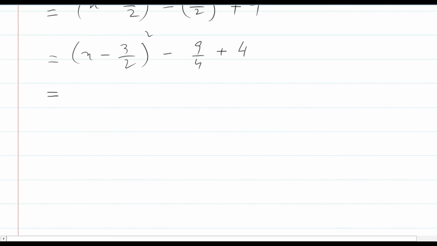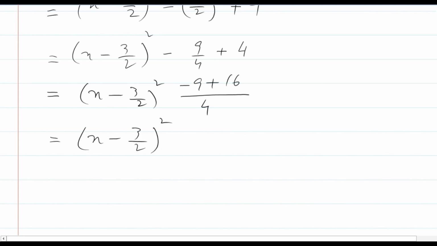On further simplification, you will get x minus 3 over 2 whole square, and by taking LCM 4, you are left with minus 9 plus 16, and x minus 3 over 2 whole square plus 7 over 4, and this is what we have changed the form to.